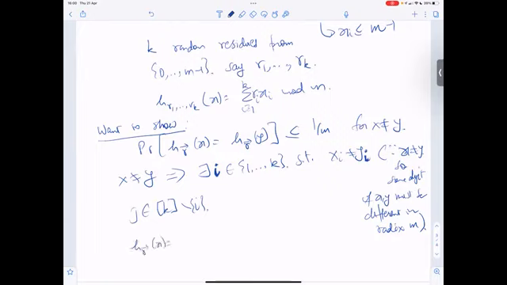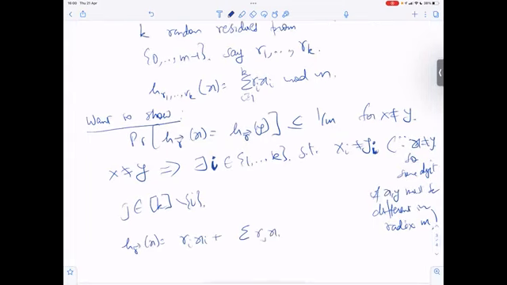This is equal to Ri xi plus some stuff, plus the summation of Rj xj, j not equal to i.